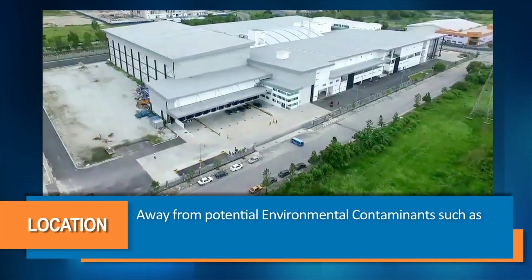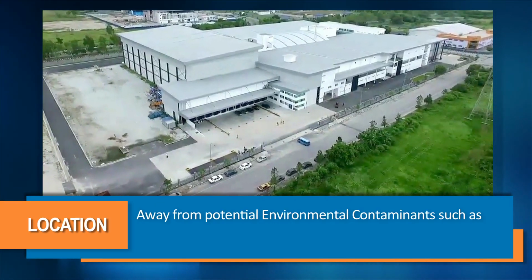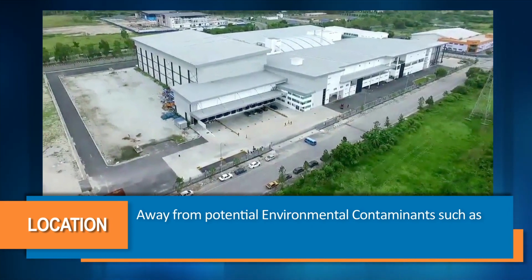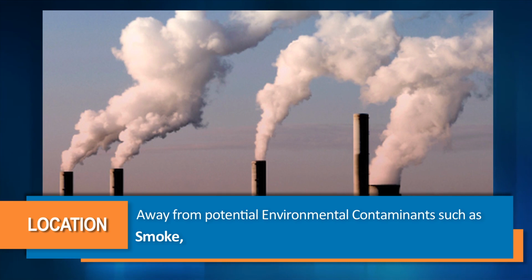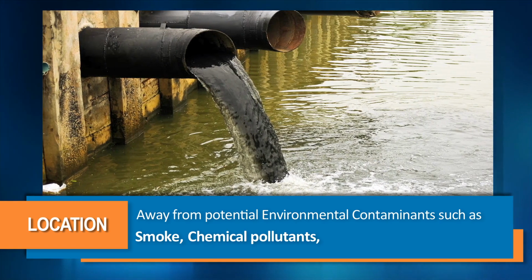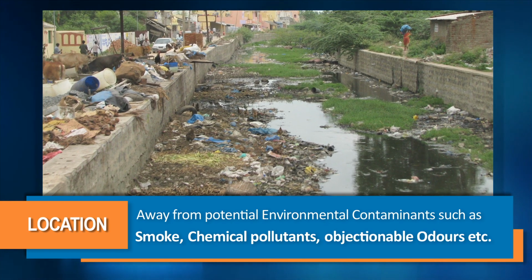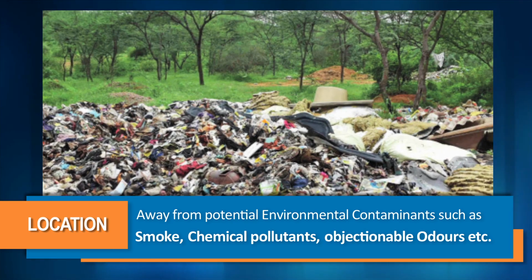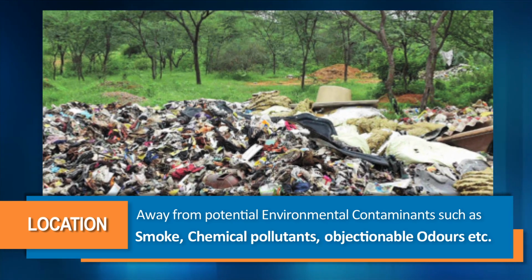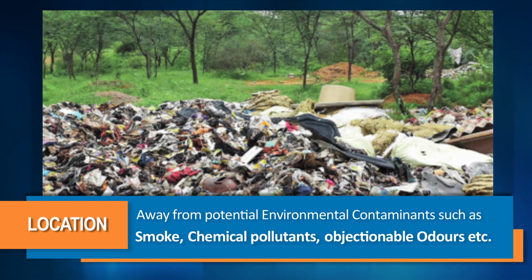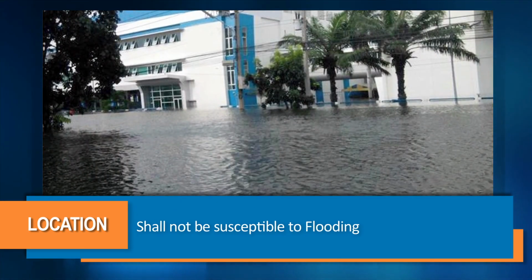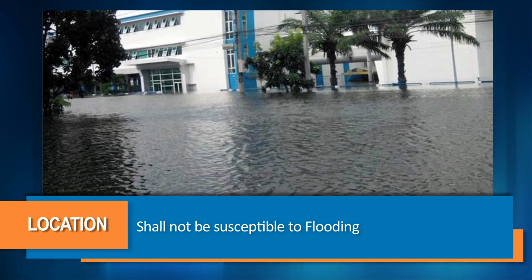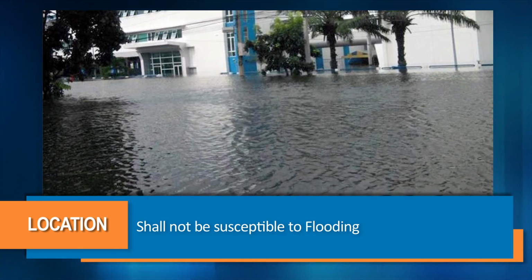Care shall be taken to ensure that the location of the establishment is away from potential environmental contaminants such as smoke, chemical pollutants, objectionable odors, and others arising from other factories or sources, as they may pose a threat to food safety. Also, the location of the establishment shall not be susceptible to flooding.